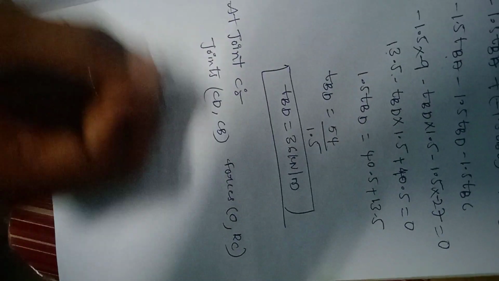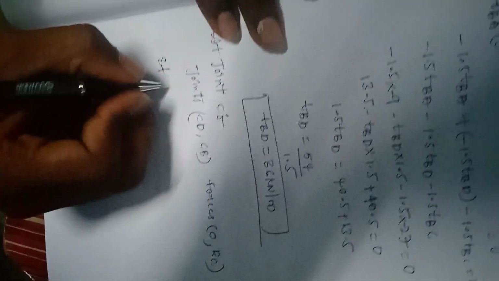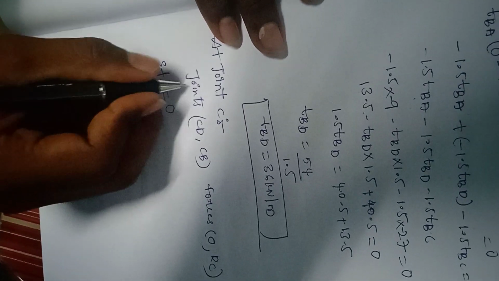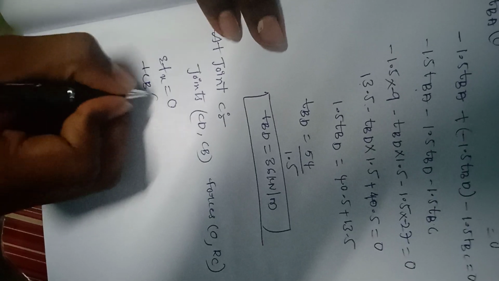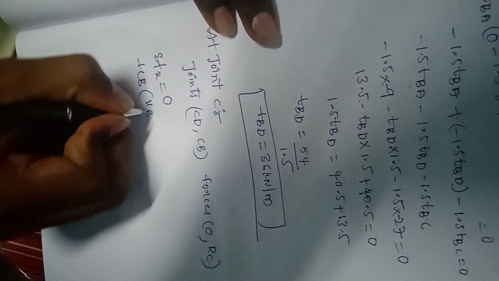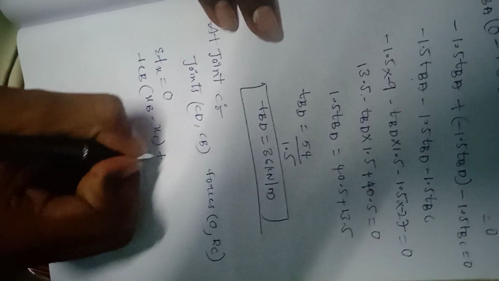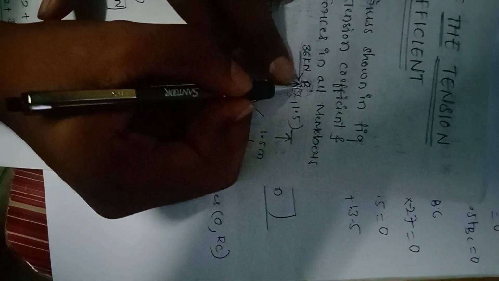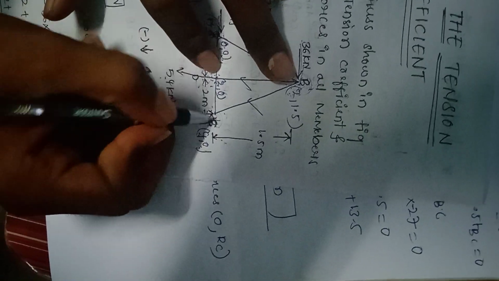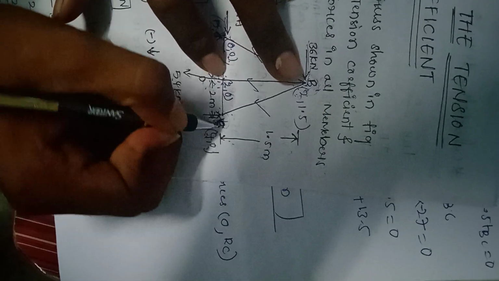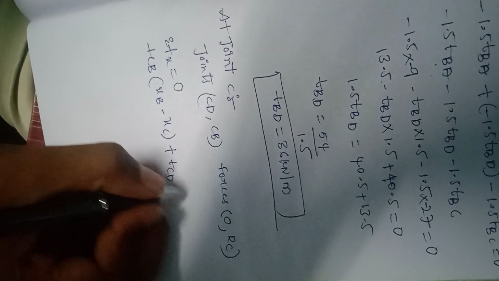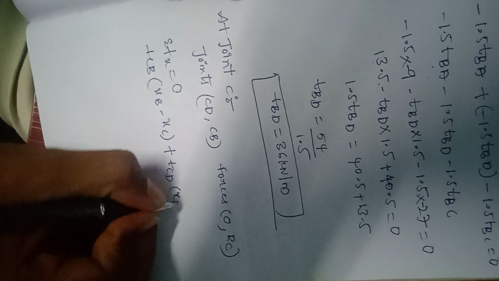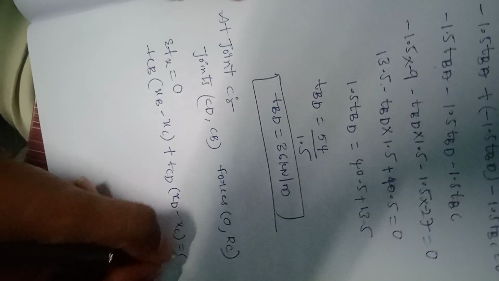Therefore the sum of horizontal forces equals zero. Tension in member CB: XB minus XC, and considering DC: XD minus XC. Tension in member CD times XD minus XC equals 0.